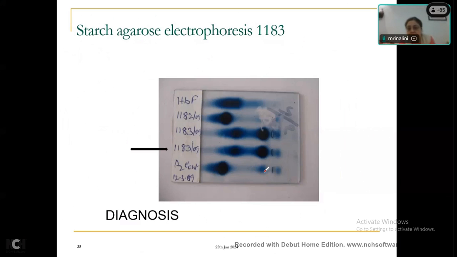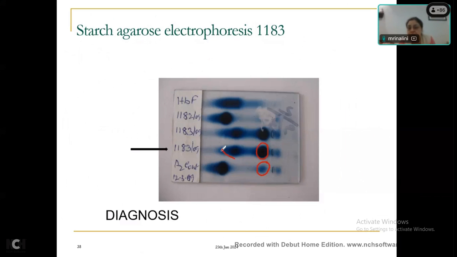So if you look at this electrophoresis here, in beta thalassemia trait I had told you HbA2 is high, but this is extremely high. This is at least 3 to 4 times higher than what is present here. So very high values of A2 are not seen in beta thalassemia trait or major.